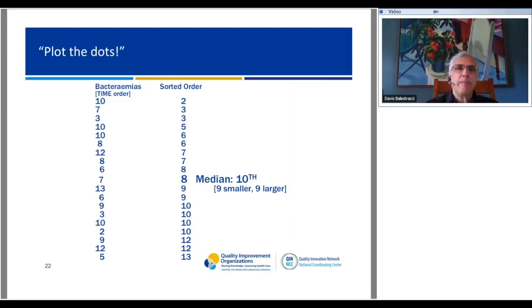So here's the data in its time order. Okay, I have 19 data points. I sort them to get the median. So 19 data points means that the 10th in the sorted sequence is the median because there are 9 smaller, 9 bigger. So I'm going to plot these 19 numbers and put the median in.